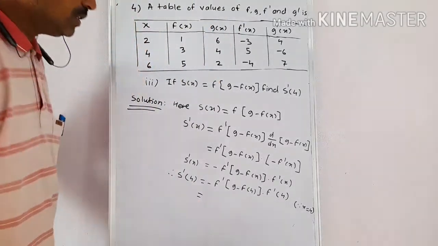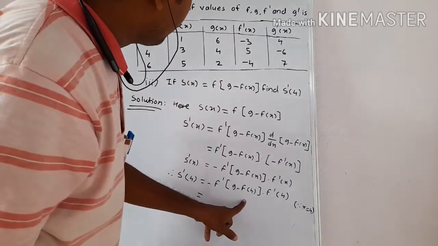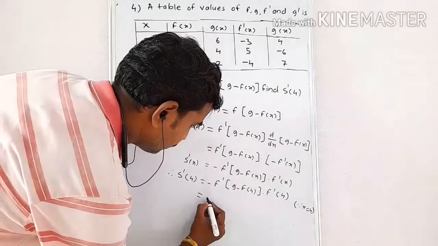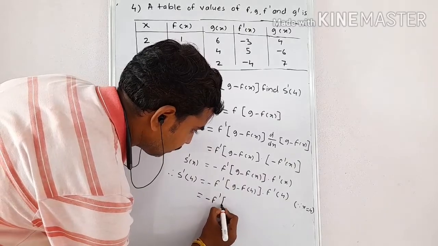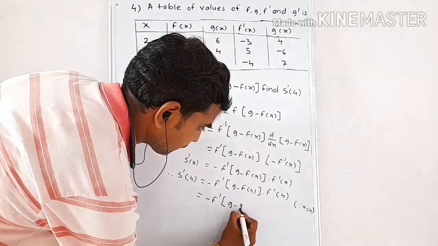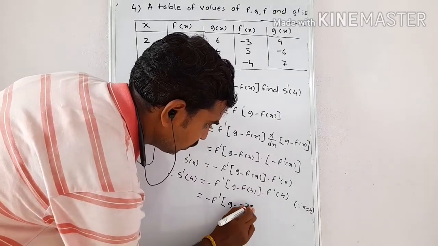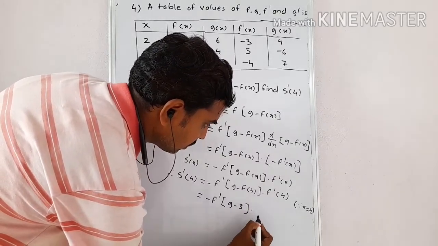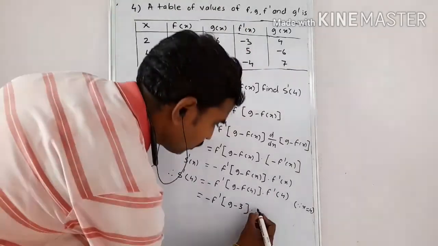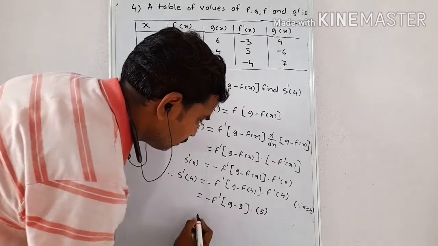Using the table, the value of f of 4 is 3. Therefore we get f dash of 9 minus 3, into f dash of 4, and the value of f dash of 4 is 5.